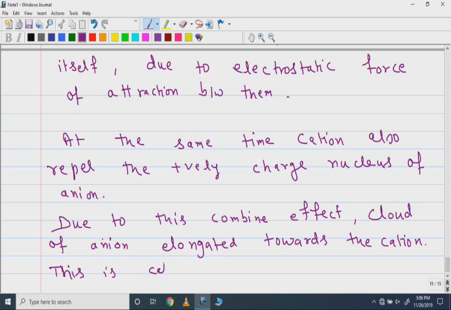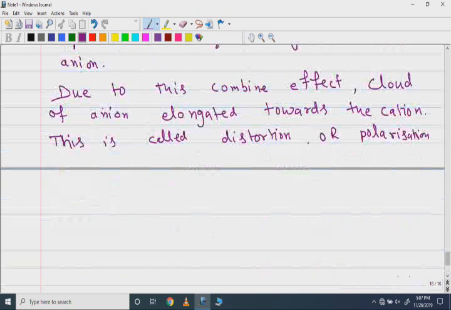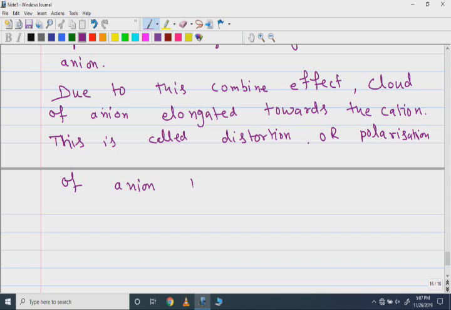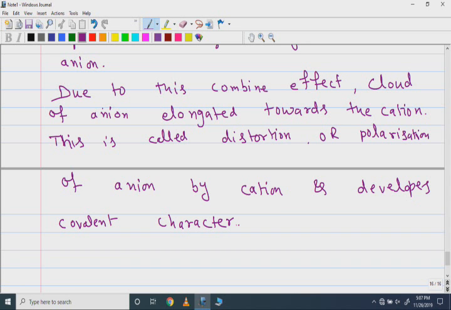This is called distortion or polarization of an ion by the cation, and it develops covalent character. Copy please.